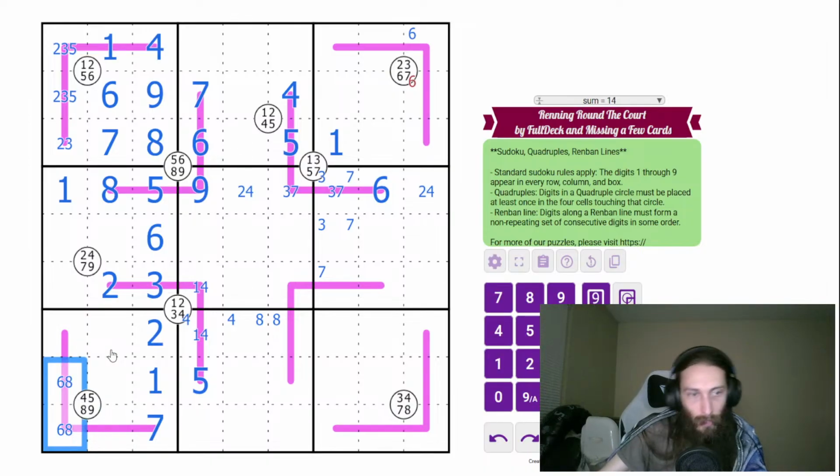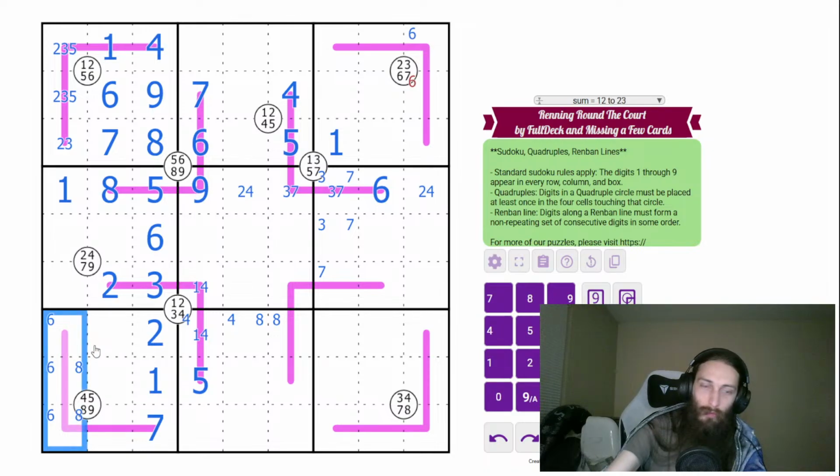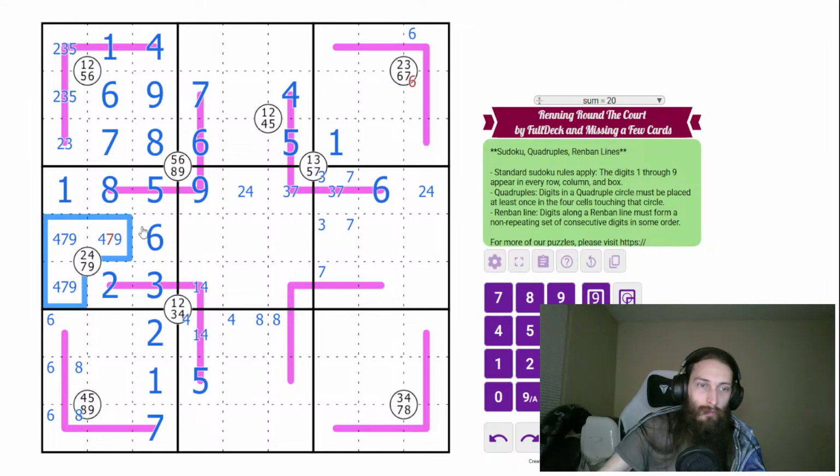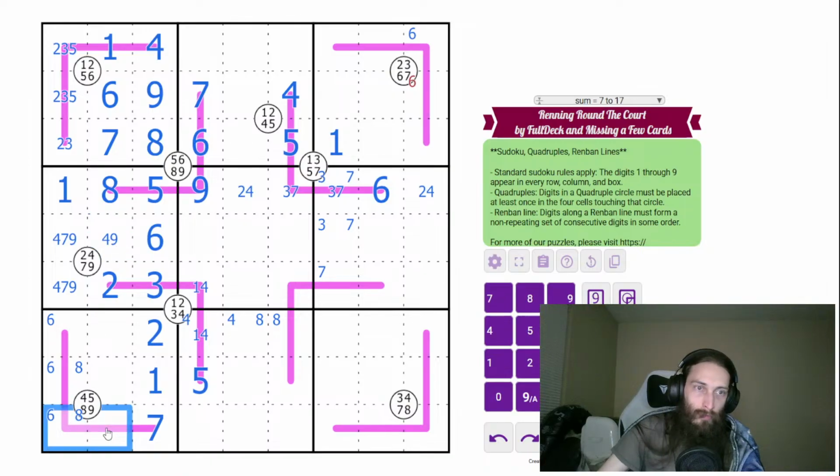So this is a 6-8 pair. Oh wait, I don't know why I said it was a 6-8 pair. It's those 6s along the whole set there. And there's going to have to be a 5 on that Renban, because of the 5 up here.